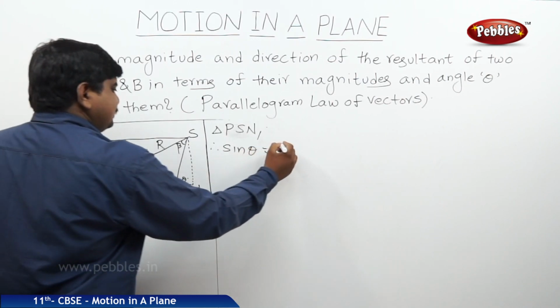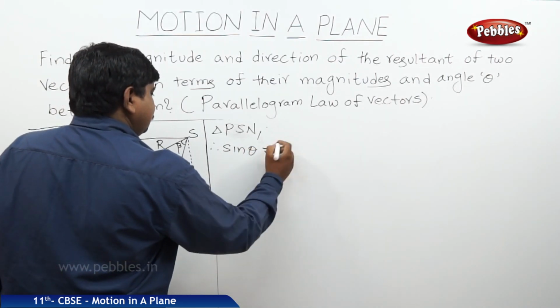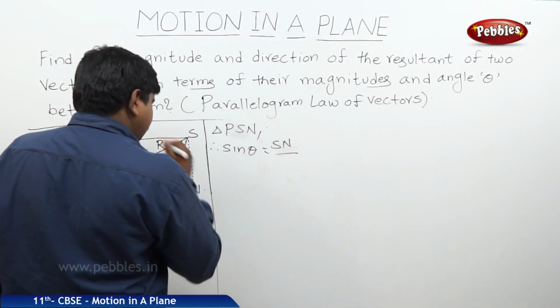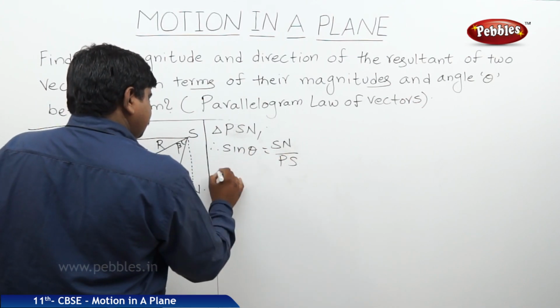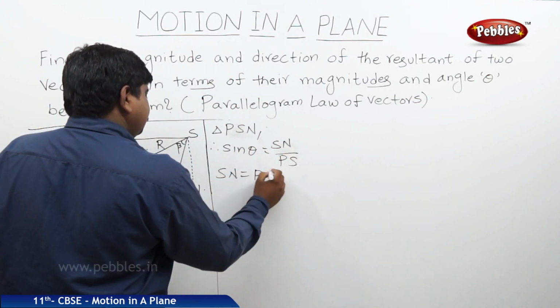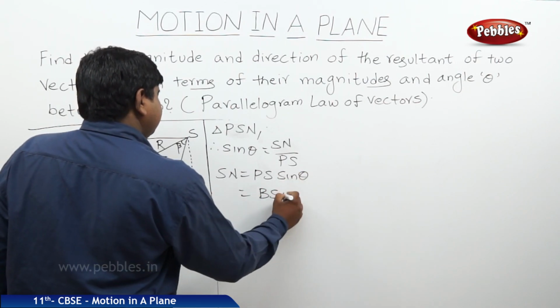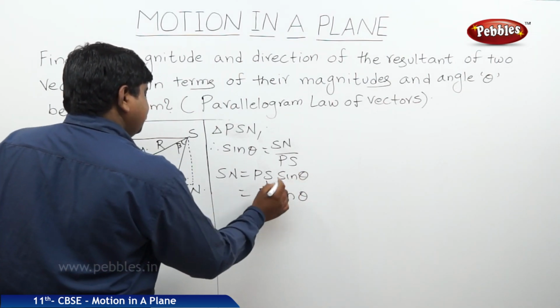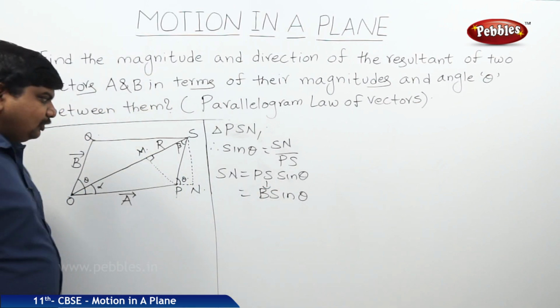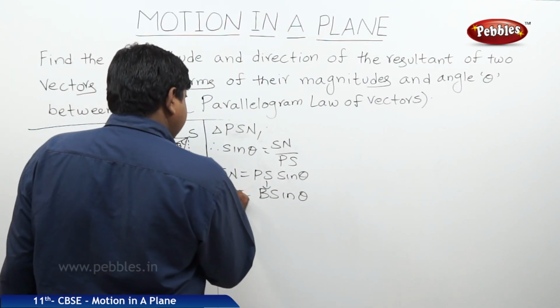Sin theta is equal to Sn by PS. Therefore, Sn is equal to PS sin theta, nothing but B sin theta, because PS is equal to B. So Sn is equal to B sin theta. This is equation 2.